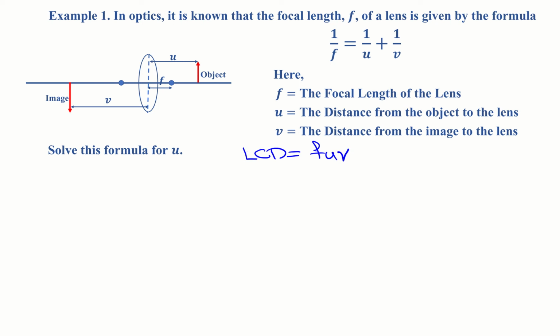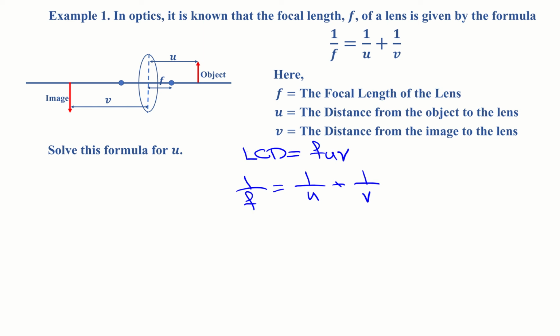So we go ahead and multiply that FUV on both sides of the equation. 1 over F equals 1 over U plus 1 over V. So don't forget that when we multiply it on the right side, because it has more than one term, we're going to distribute it. And we're multiplying it on the left side as well. So in the end, every term needs to be multiplied by the LCD to use the technique.